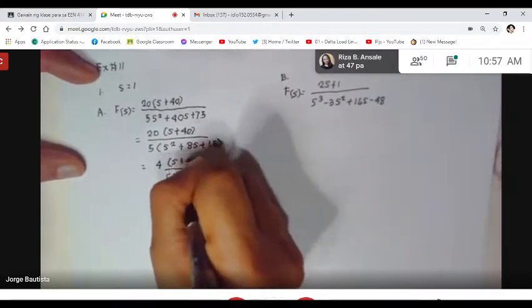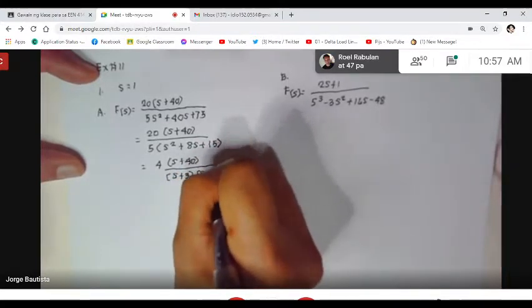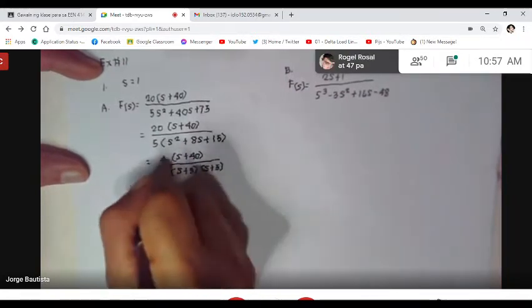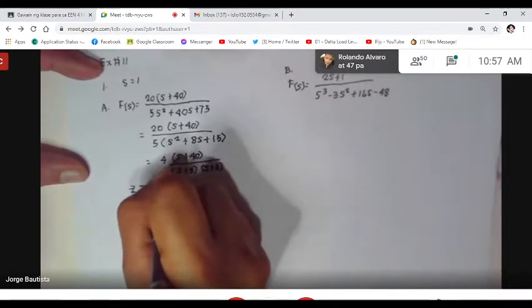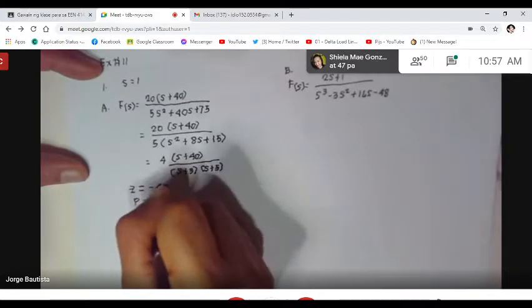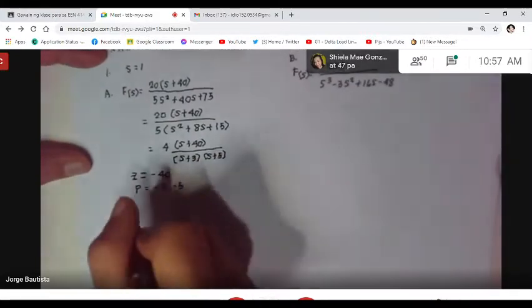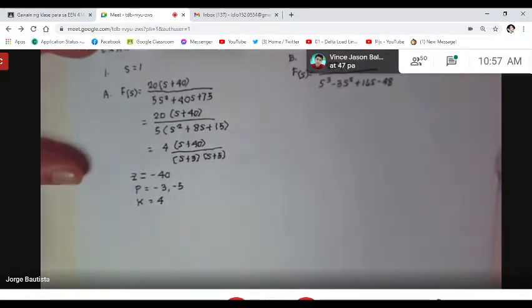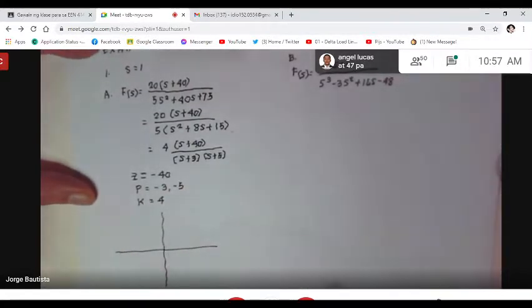Therefore, our zero is negative 10, our poles are negative 3 and negative 5, and our gain is 4. So, let's plot.